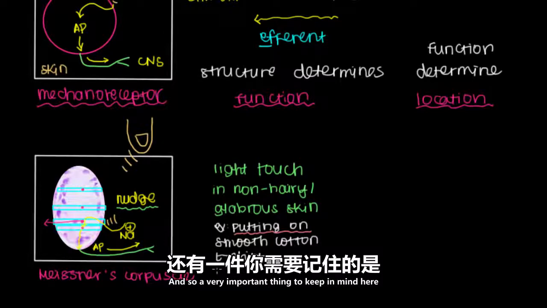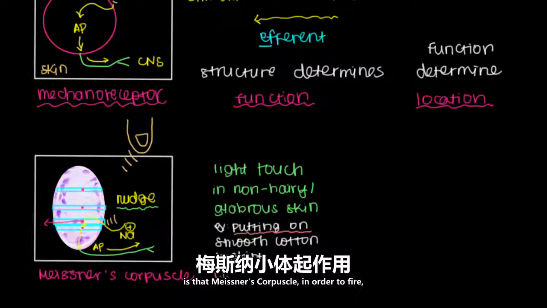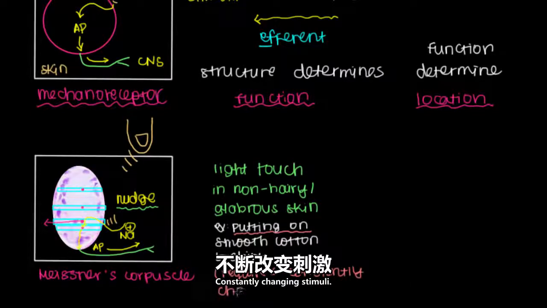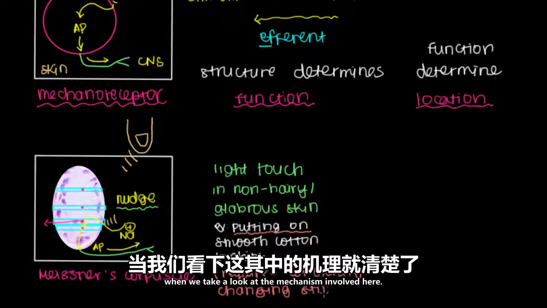And so a very important thing to keep in mind here is that Meissner's corpuscle, in order to fire, requires constantly, not constant, but constantly changing stimuli. Constantly changing stimuli. And this kind of makes sense when we take a look at the mechanism involved here.